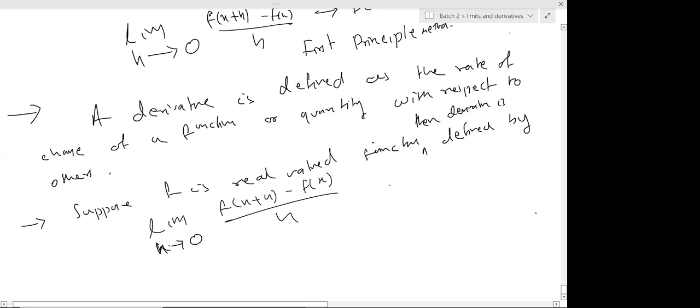All right, it is denoted by f dash x. Note it down.